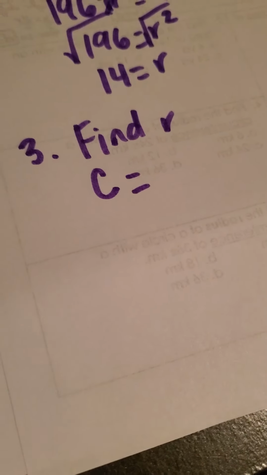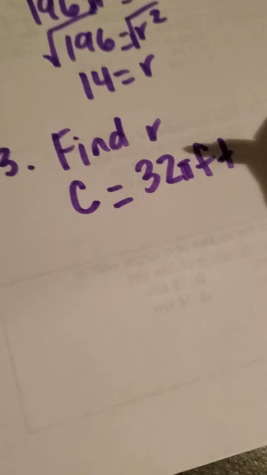All right, next two that I'm going to do here match the 2 examples that are there. I'm just choosing different numbers. And this time we're going to work with circumference. So we're going to find the radius of a circle with a circumference of 32 pi feet.